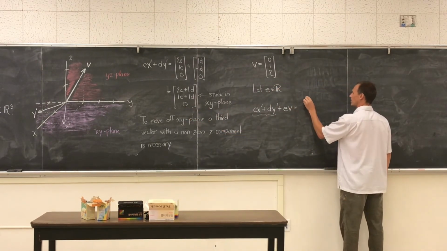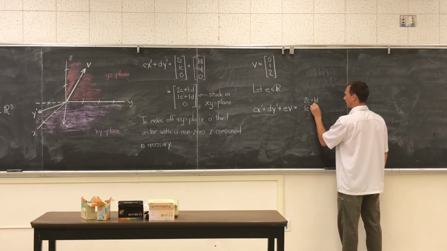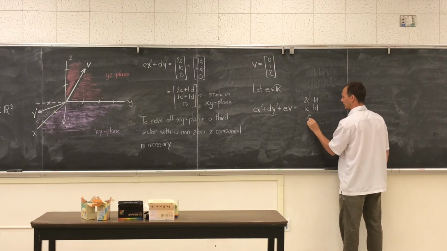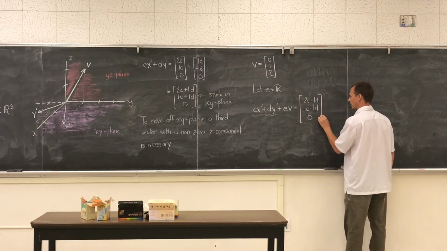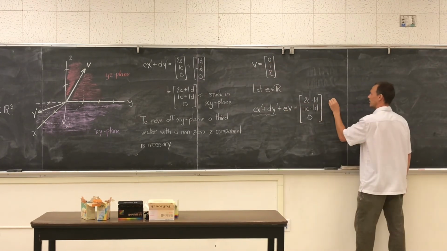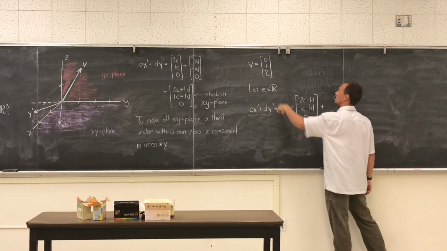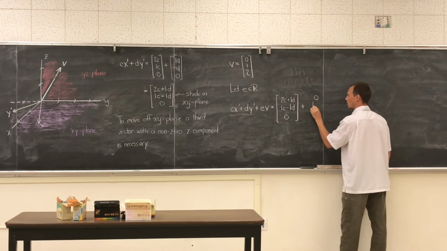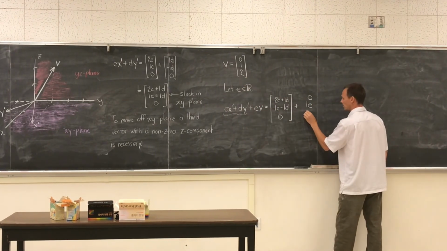That is 2c plus 1d, 1c minus 1d, and 0. And to that, I'm going to add e times v. Well, that's e times 0, that's a 0. It's e times 1, so that's 1e. And it's e times 2, that's 2e.